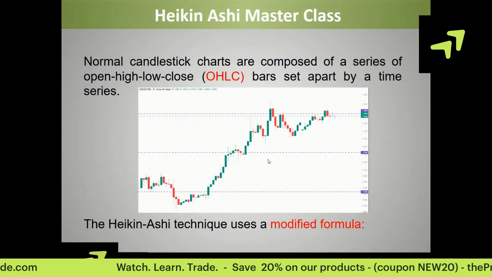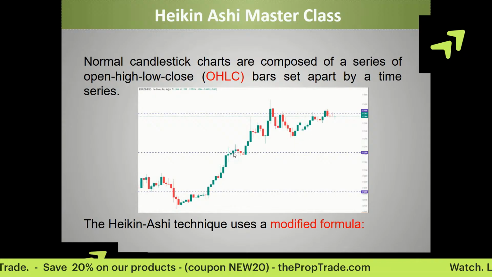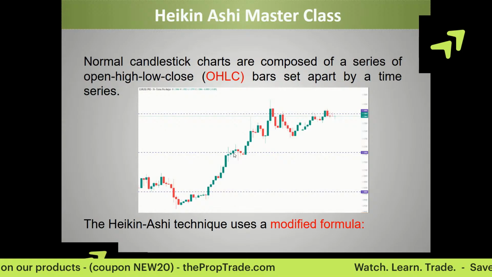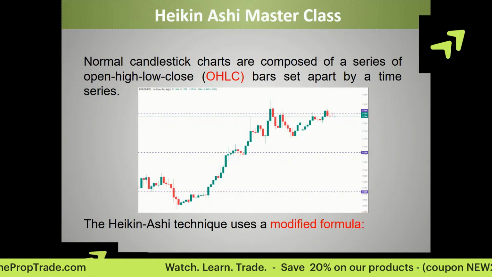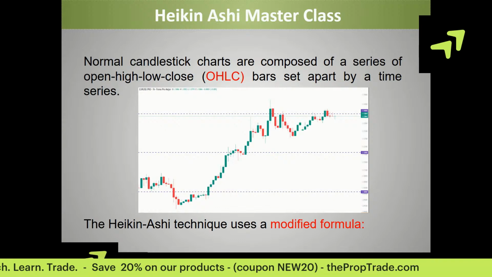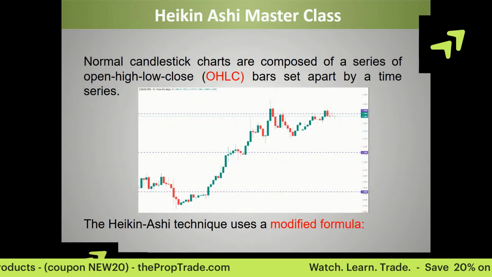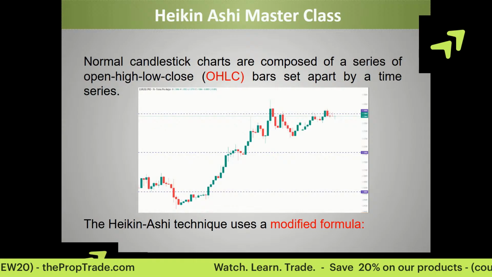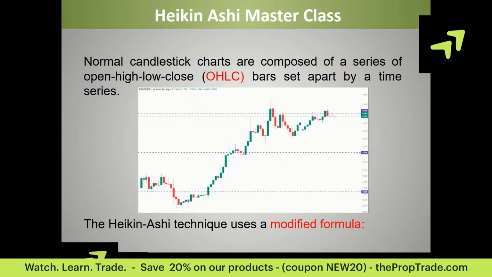So whether it's a day, 5 minutes, a month, a week, whatever it is, it doesn't matter. The same information, the open, high, low, close, is presented in that candlestick, and that's why they're so powerful, and that's why they're so popular. I don't know any traders now that don't use candlesticks, to be honest. I know a few investment managers that still use line charts, but they're holding things for months and months at a time.